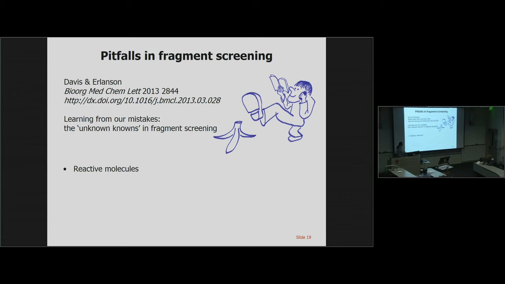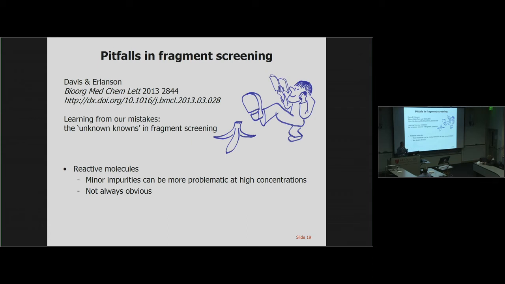Reactive molecules is definitely an issue. These aren't always obvious, but I think there's also the issue of minor impurities, and this is particularly a problem with fragment screening. If you're doing a high throughput screen and you've got some reactive impurity in your sample, and you're doing a high throughput screen at 1 micromolar concentration, if you have, say, a 1% impurity that's going to be present at 10 nanomolar, it's probably not going to be an issue.